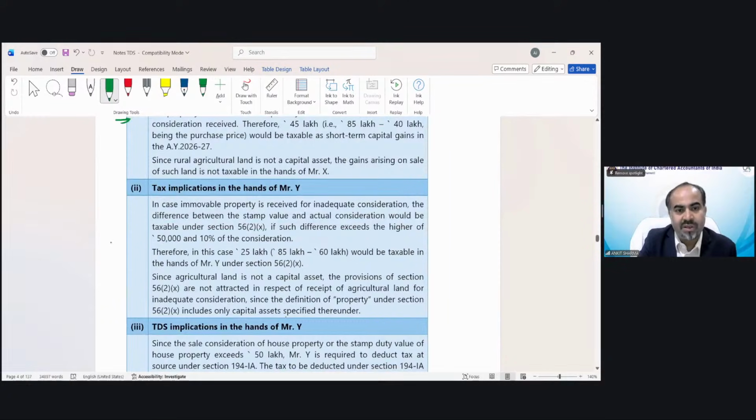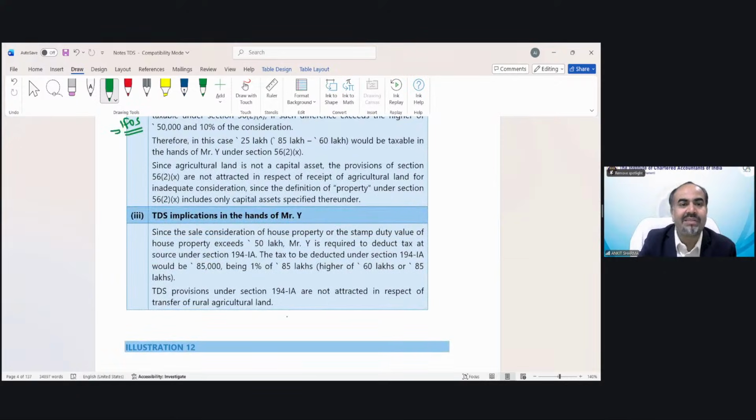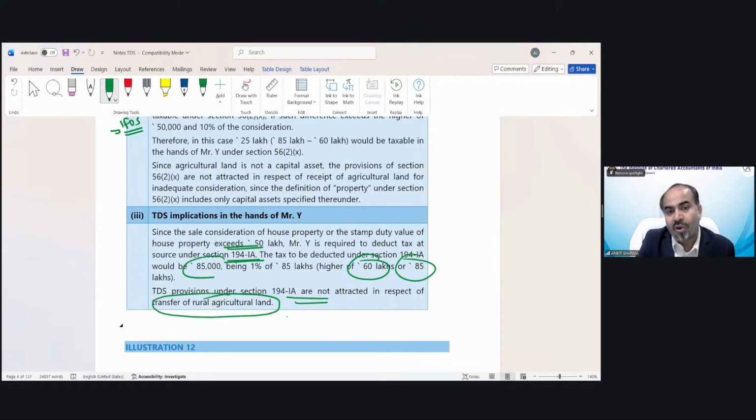Tax implication under income from other sources for inadequate consideration is a part of income from other sources. This is only the TDS implication. It says 194I is not attracted in case of agricultural land. Exceeding 50 lakh, section 194IA would be applicable. It would be applicable on the higher of 60 or 85, whichever is higher. So on the higher, 1% TDS would be applicable.